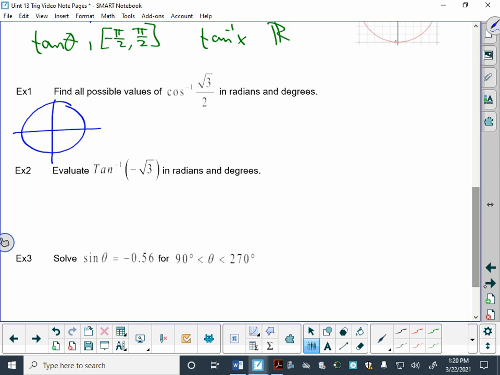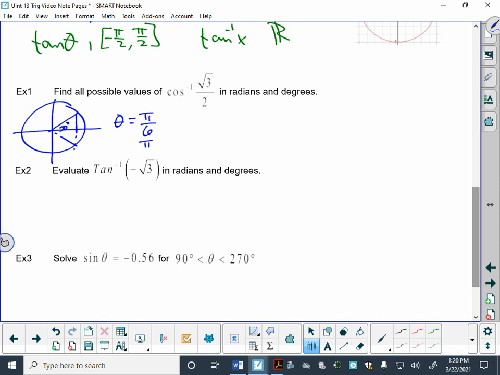So I want an x value that's out here at square root of 3 over 2, and I recognize that as being my 30, 60, 90 triangle, and this is the 30-degree angle, the pi over 6. So the very first one would be that theta is equal to pi over 6, but there's another angle that would have that same x value, and it's negative pi over 6.